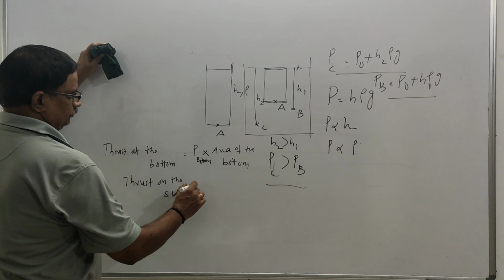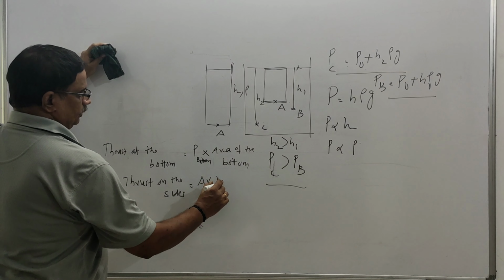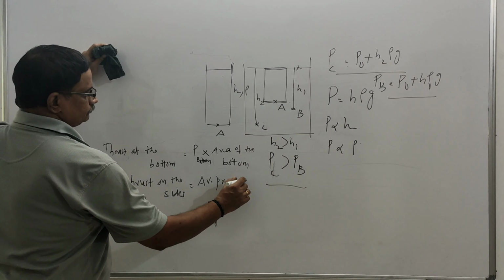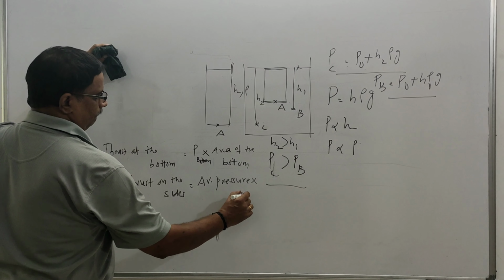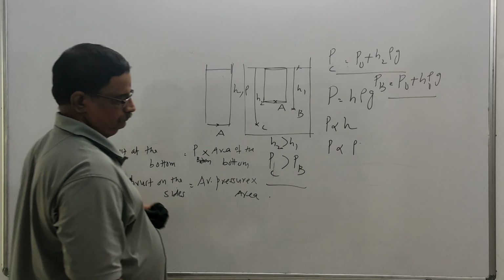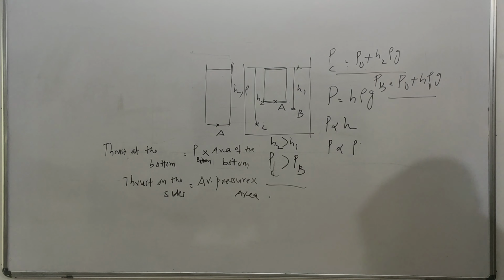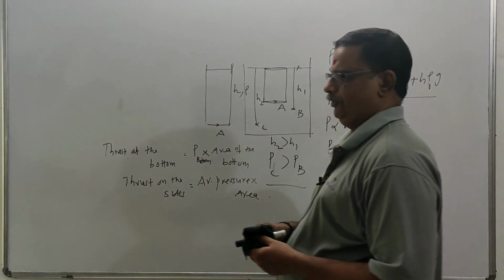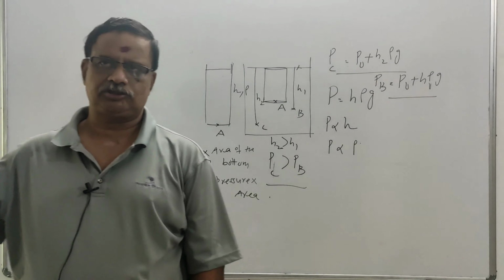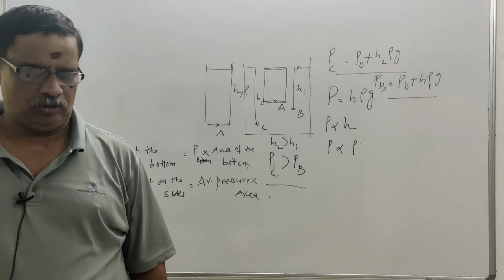Thrust on the sides equal to average pressure into area. So you remember these two results. Thrust at the bottom equal to pressure at the bottom into area of the bottom. Thrust on the sides equal to average pressure into area.